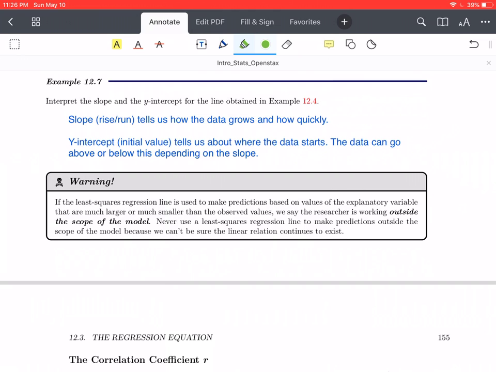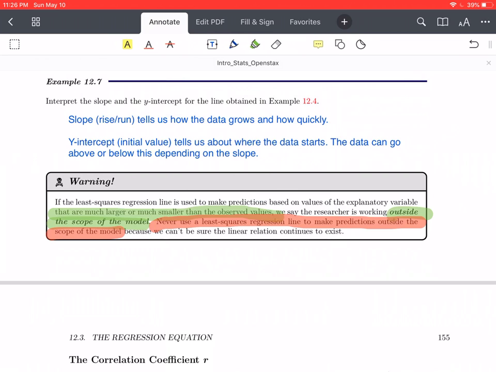So if a researcher is using these to predict values that are much larger or smaller than the observed values, we say that they're working outside the scope of the model. Okay, and then it gives the warning right here, in red. Never use a least squares regression line to make predictions outside the scope of the model. Okay, because we don't know whether that linear relationship continues outside of the data set.